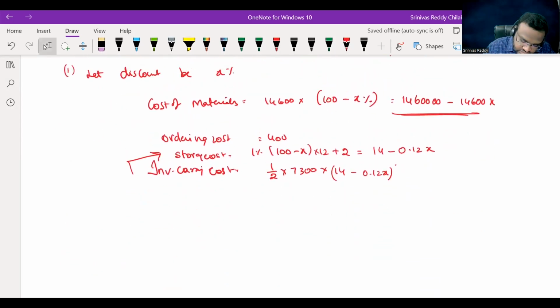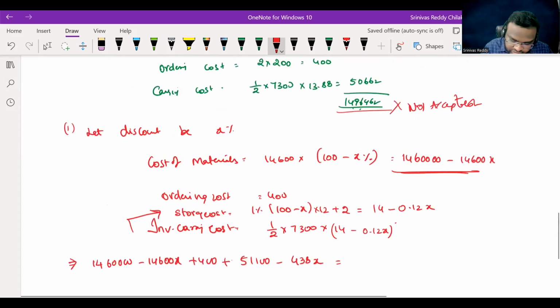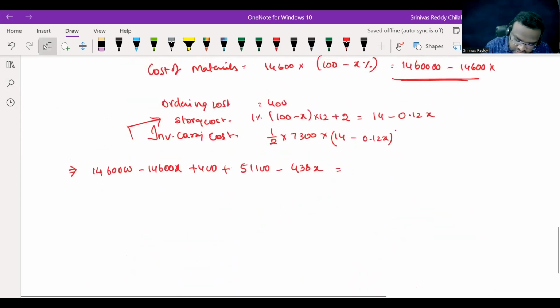So 14,60,000 minus 14,600X plus 400 plus 7,300 into 7, which is 51,100, minus half into 7,300 into 0.12, which is 438X, should be equal to 14,69,122.